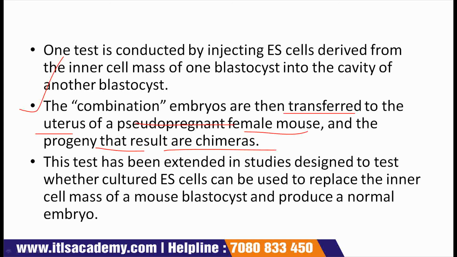So, these chimeras are a mixture of tissues and organs of cells derived from both the donor embryonic stem cell and the recipient blastocyst.